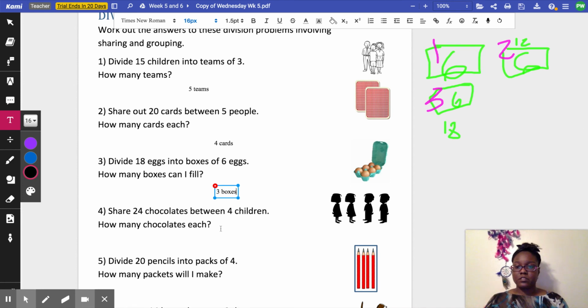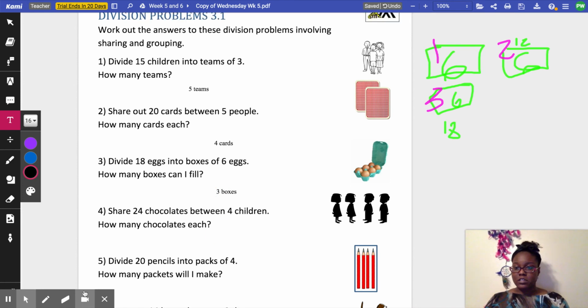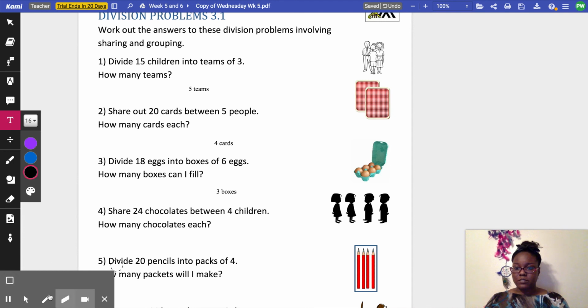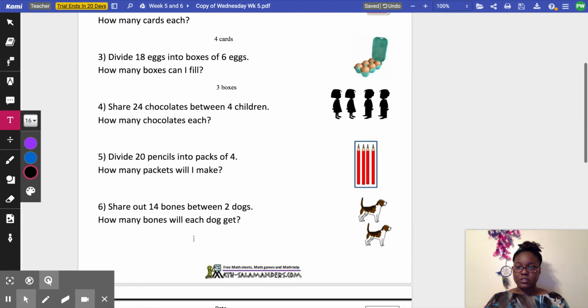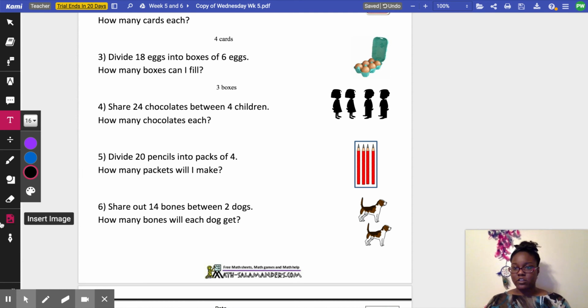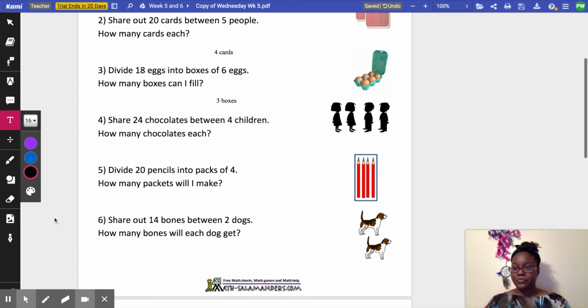The next one, number 4. Share 24 chocolates between 4 children. And look, they've got 4 children right here already drawn. So I'm not about to draw any people this time. So it says I have 24 chocolates.